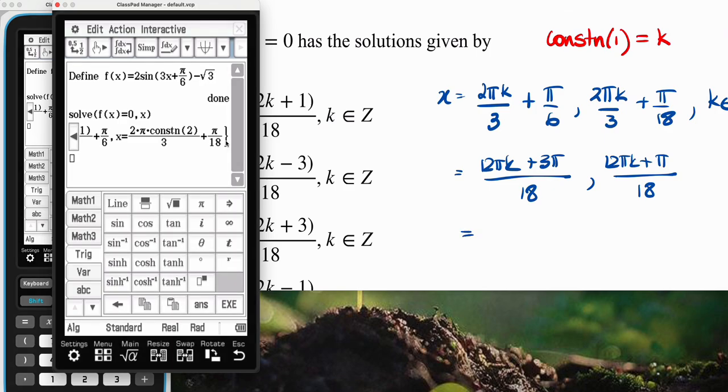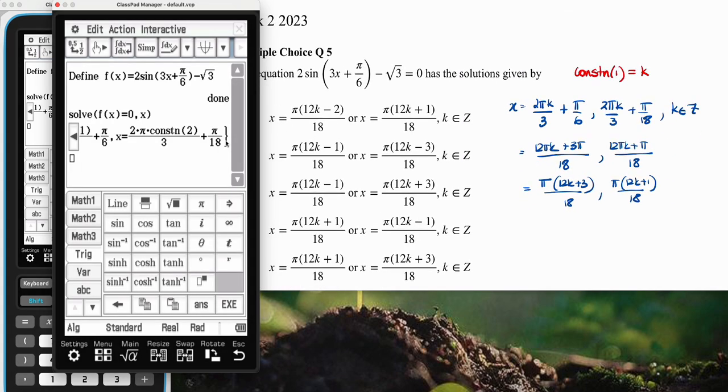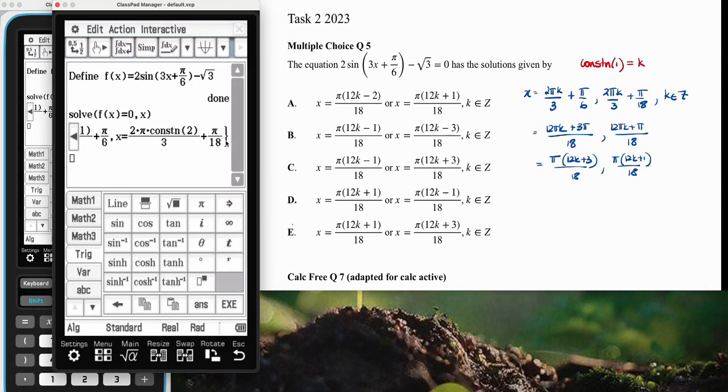Take out a common factor of pi. And I think this will be the solution. I'll just check. Do any of those look like that? Yes, they do. It's E.